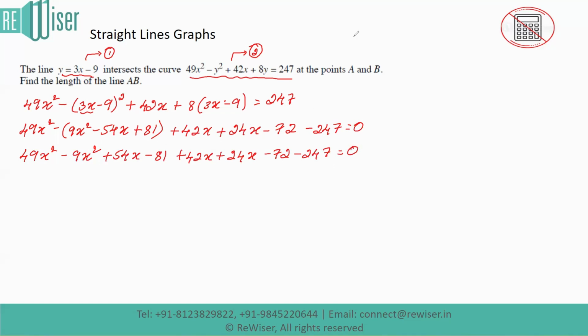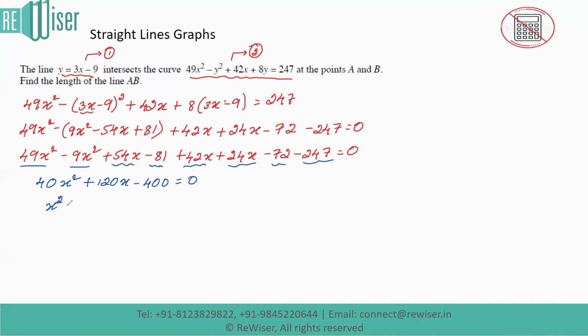Now we are going to add the like terms together. That's going to be positive 40x squared, and adding 54x plus 42x plus 24x gives positive 120x. Adding minus 81, minus 72, and minus 247 gives us minus 400 equals 0. So I can divide throughout by 40.